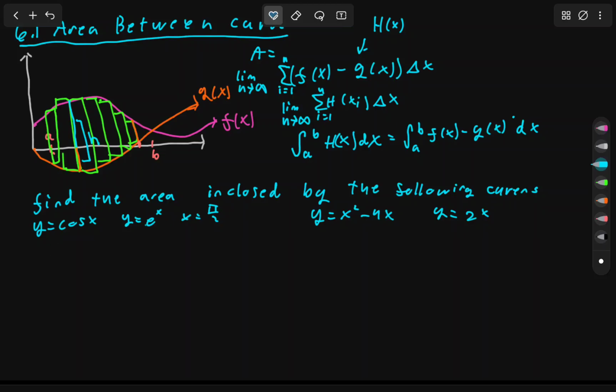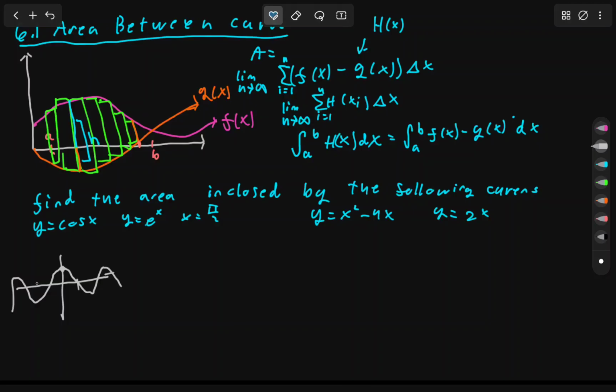So let's real quickly sketch out a graph of what cosine of x and e to the x look like. Well, we know e to the x at 0 is equal to 1, and cosine at 0 is also equal to 1. Now cosine is going to be oscillating here.